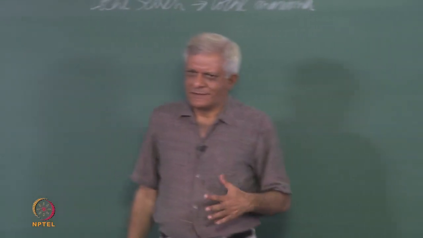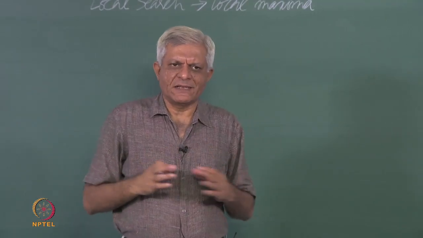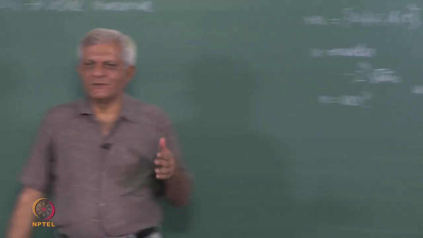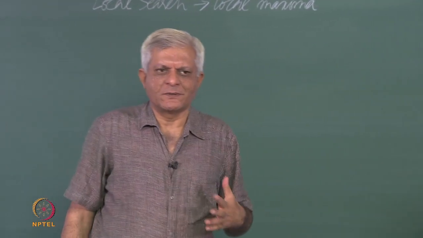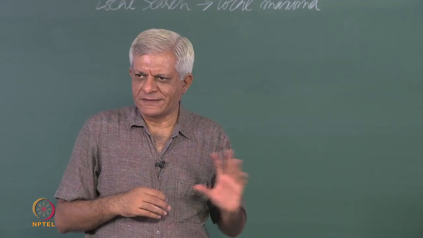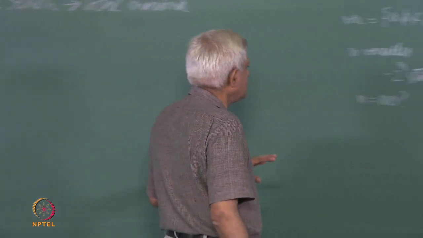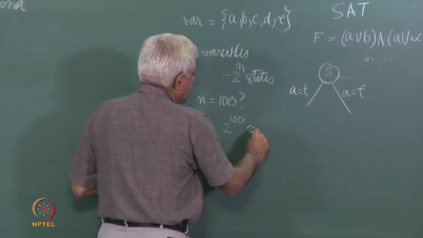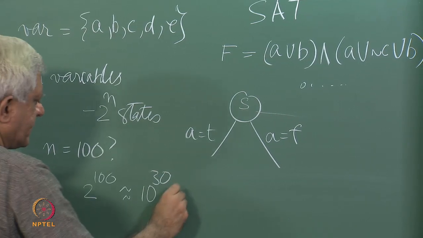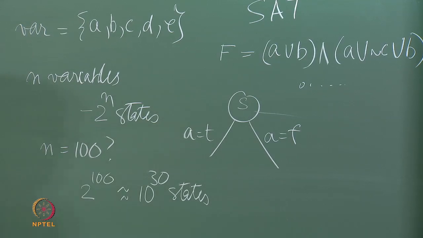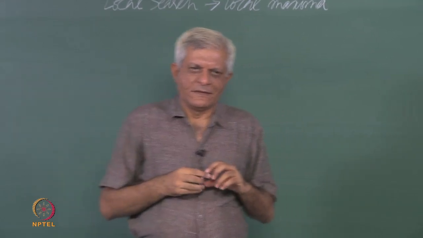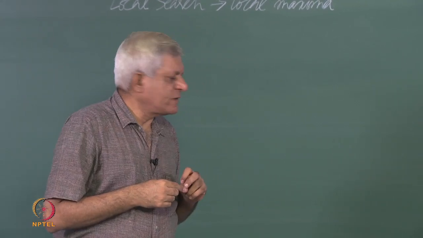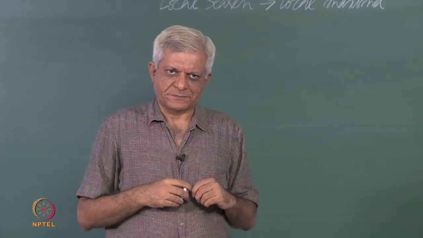It is a similar problem: if you are dealing with a large number of variables, then this problem could become hard. In fact, you know that the SAT problem was the first problem which was used by Cook to talk about NP completeness. For n equal to 100, we have 2 raised to 100, which is about 10 raised to 30 states, so about 10 raised to 30 100-bit numbers.